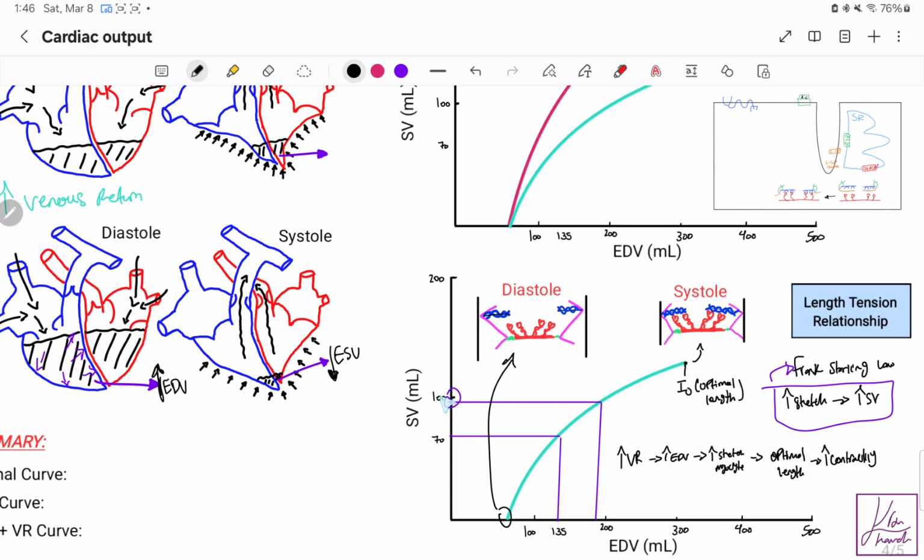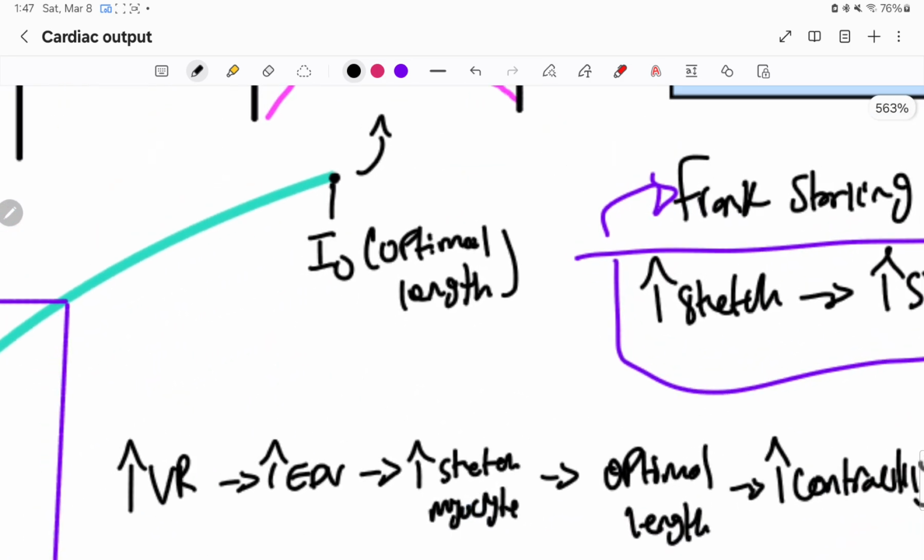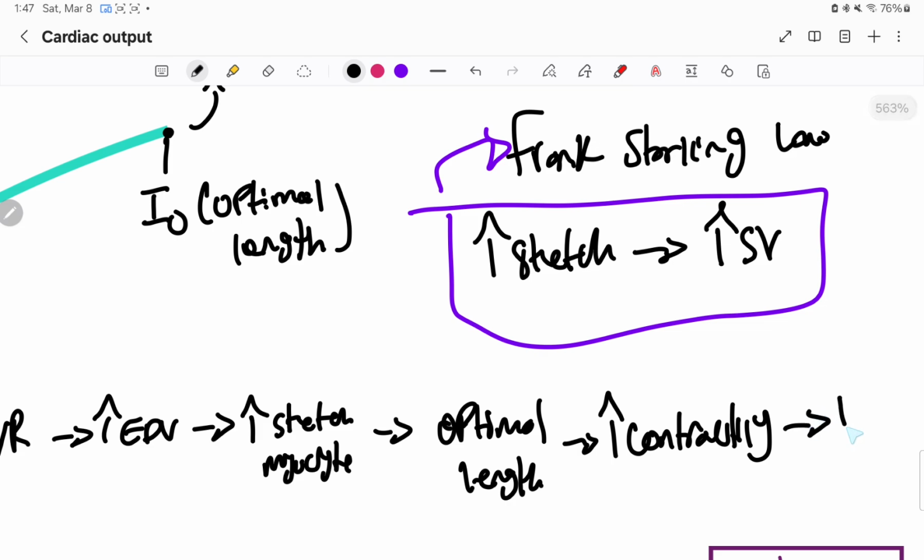And we said that this high EDV constituted a high stroke volume. But really, the story was going like this, okay? Increase EDV, increase stretch of the myocyte, reaching optimal length, which increases the contractility, which eventually decreases your ESV.